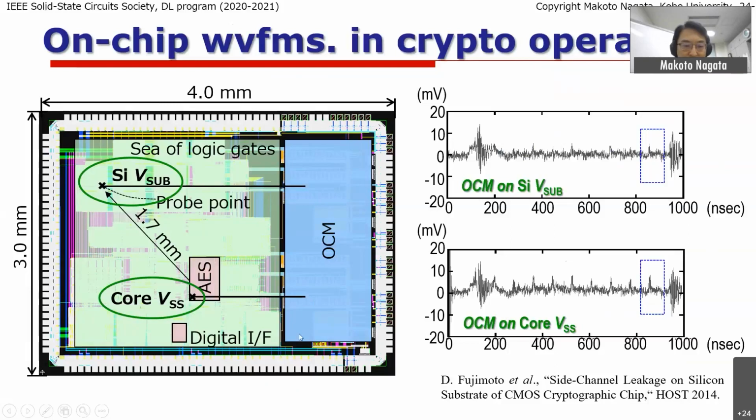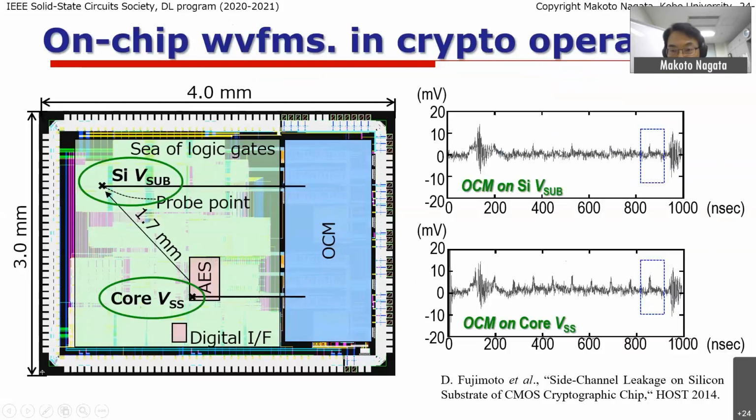Also the core VSS side, the ground side, the return side of the AES circuit, can be captured by the OCM. The chart on the right-hand side shows you the measured wave shapes. The horizontal axis gives you the time, and the vertical axis gives you the measured voltage. So the voltage variation is happening on the silicon substrate when the AES is operating.